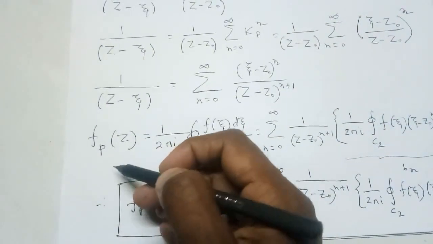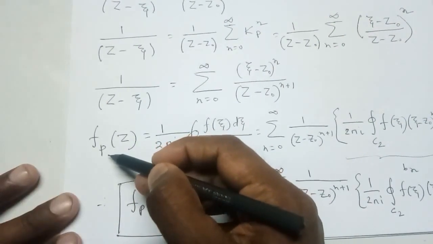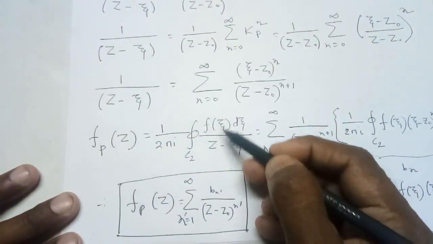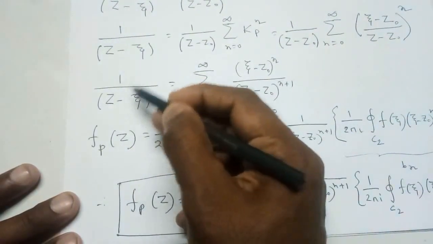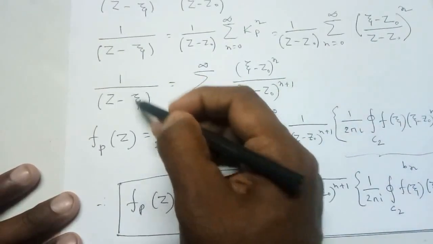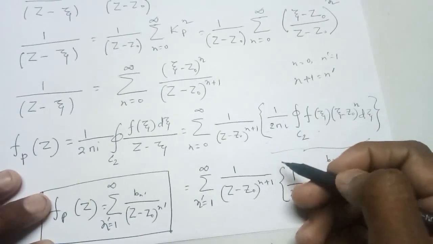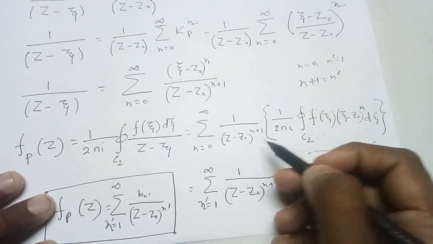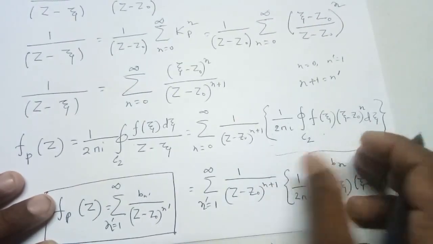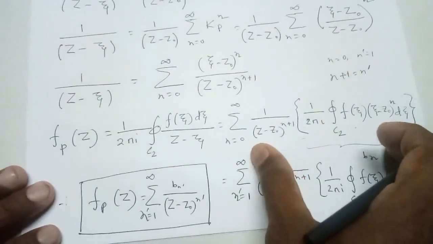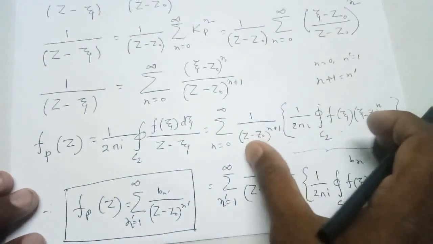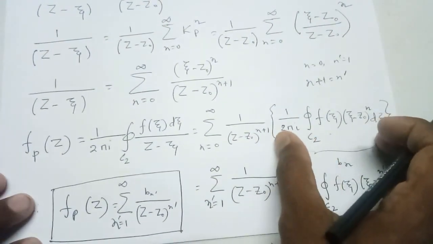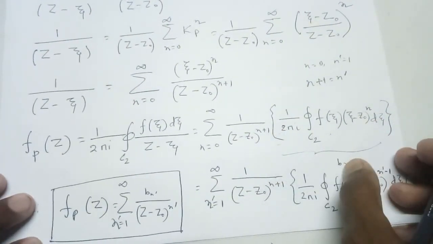So we wanted to evaluate the principal part, which contains 1 by z minus xi, so we developed the series expansion of 1 by z minus xi, and one can substitute this term here, and from rearranging the terms we get the form of principal part in this form, where this bracketed term is called bn.